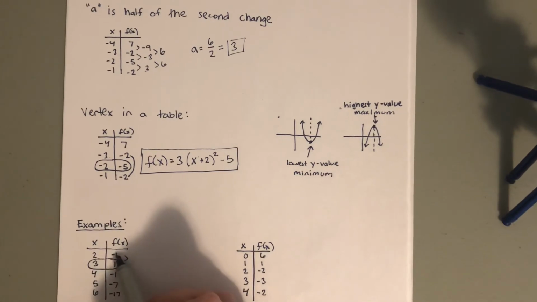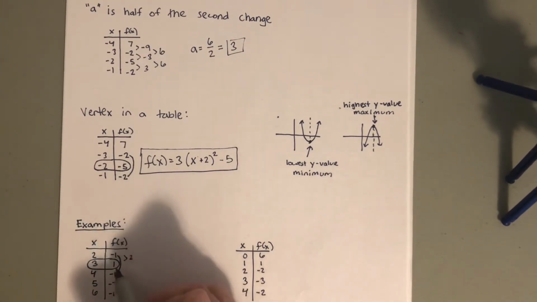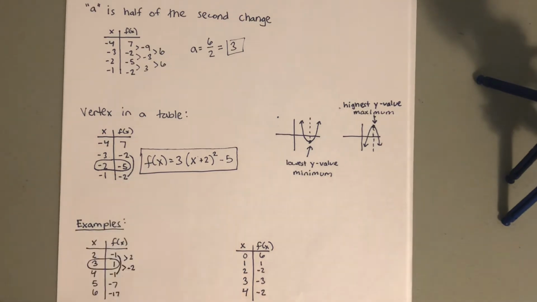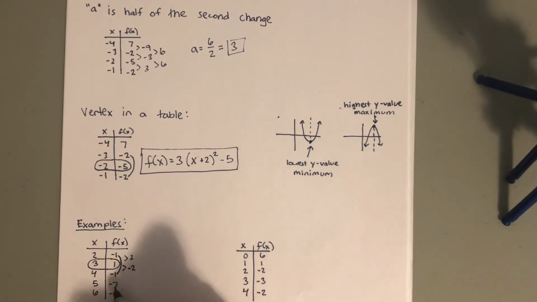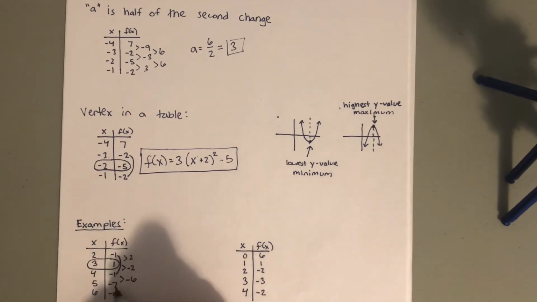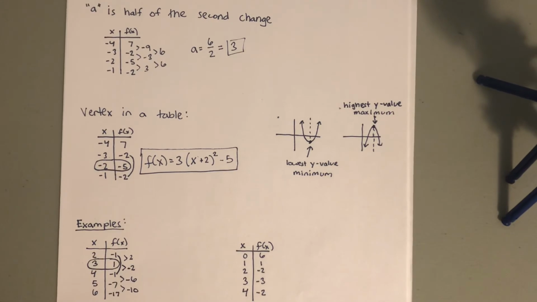Now we're going to find the A value. To go from -1 up to 1, that's +2. From 1 back down to -1 is -2. From -1 down to -7 is -6. And from -7 down to -17 is -10.